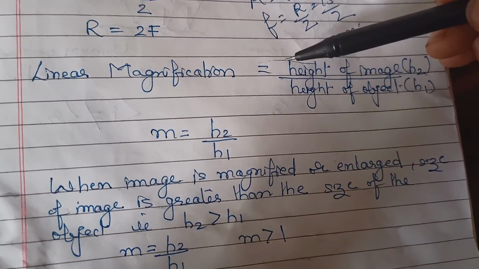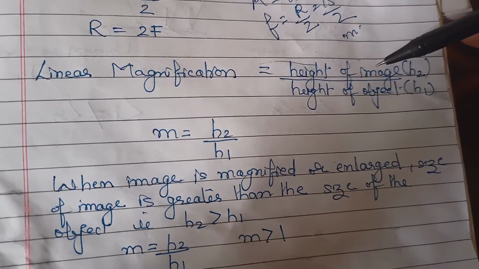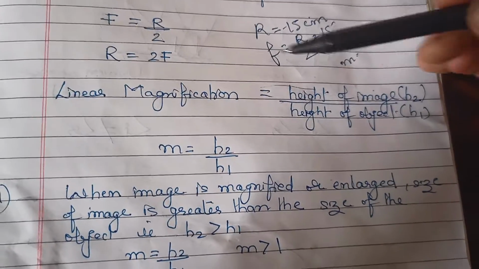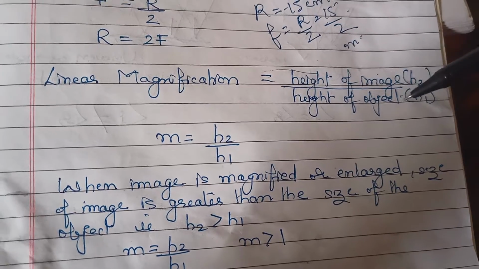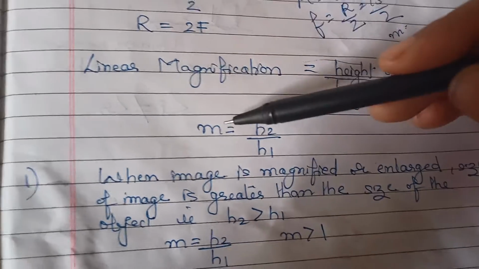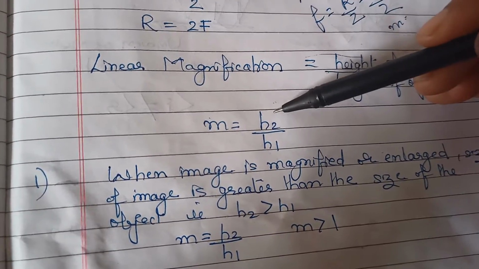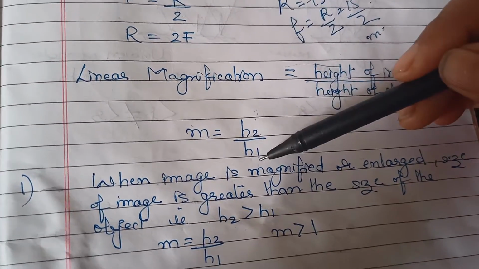So we will find that by finding the ratio of height of image to height of object. We will say linear magnification is defined as the ratio of height of image to the height of object. Height of image we are taking as h2 and here h1. So m is equal to h2 upon h1.